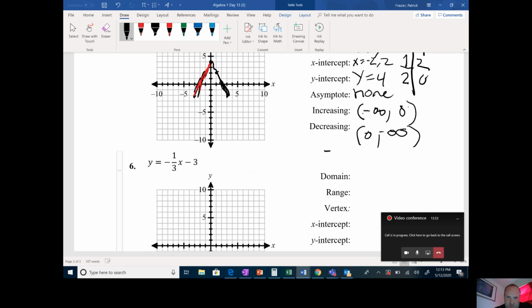So we go all the way from negative infinity down here, negative infinity, because it's below on the y-axis, it's going down.